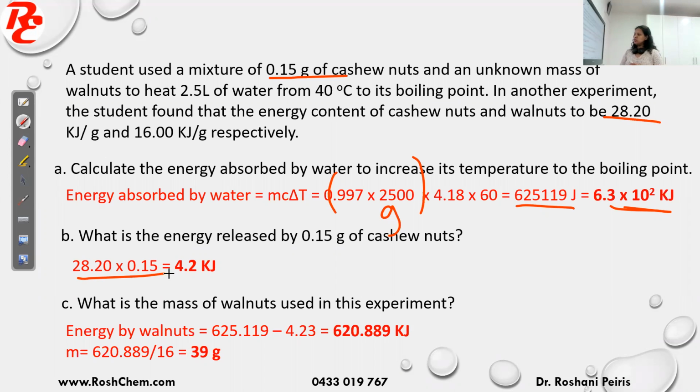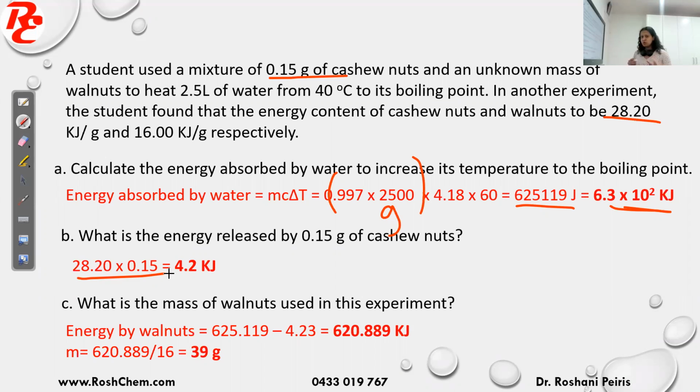Okay, next question, it's asking what is the mass of walnuts used in this experiment? So now we know, you are burning both cashew nuts and walnuts, and they both are releasing energy. This energy was given to water to heat water. So I know how much energy was absorbed by water.